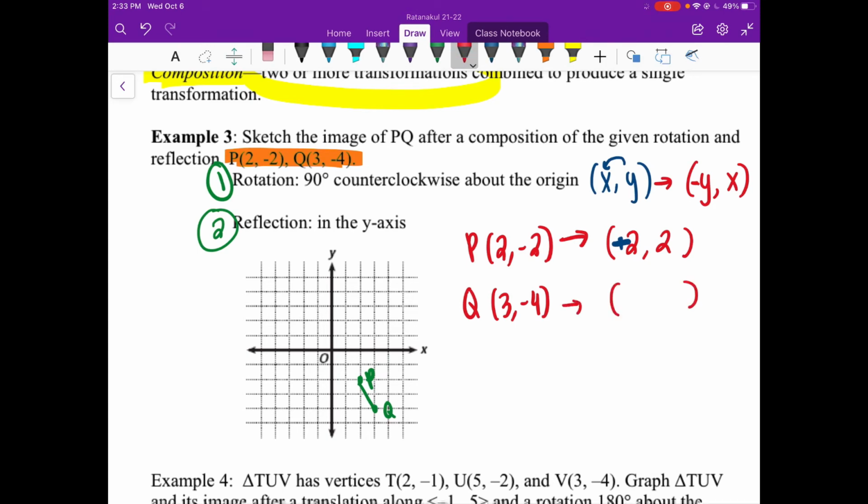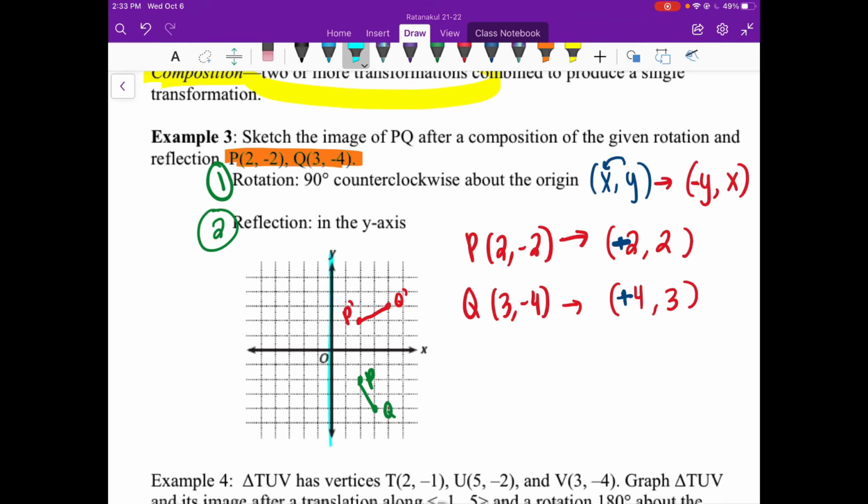So since it's negative, it's going to be positive. Same thing with Q. Switch my two numbers first, and now I'm going to make that first number opposite. So let's go ahead and graph that. So I have P prime and Q prime. What we did was we rotated our original segment 90 degrees counterclockwise.